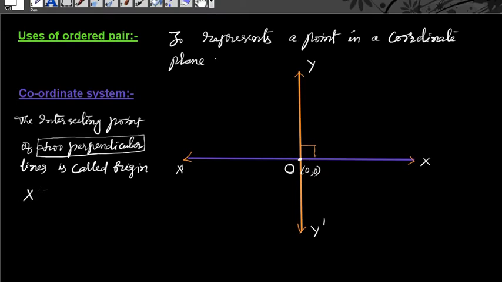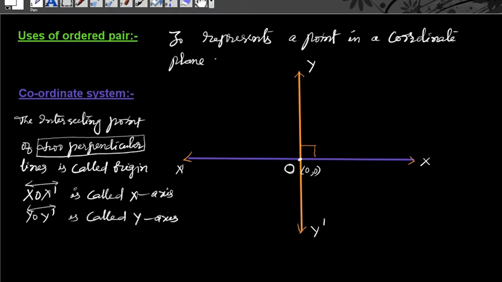One is x dash, and this line is called the x axis, and one more line, y dash, is called the y axis.